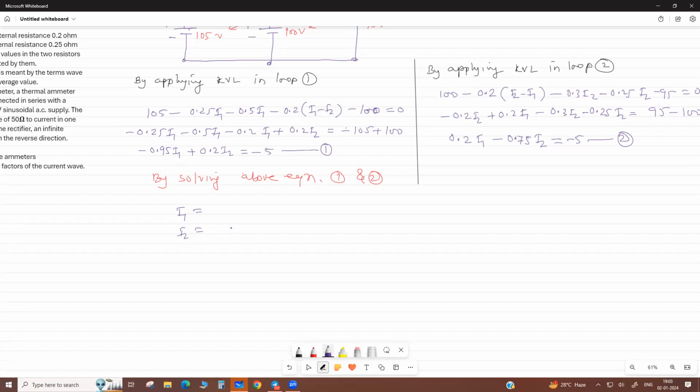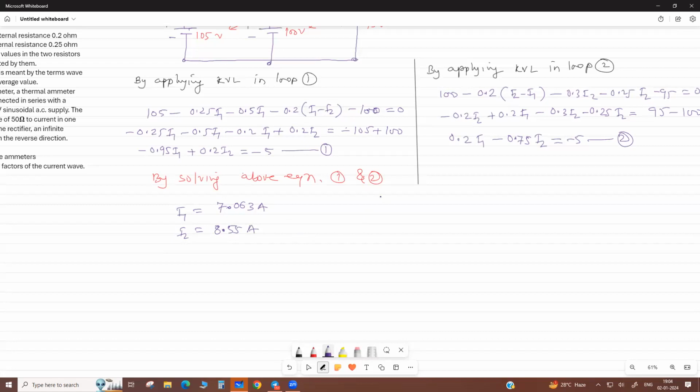You write minus 0.95, then 0.2, minus 5. The next equation is 0.2, minus 0.75, minus 5. You get I1 as 7.063 ampere. Second, you get I2 as 8.55 ampere. These are the two currents.